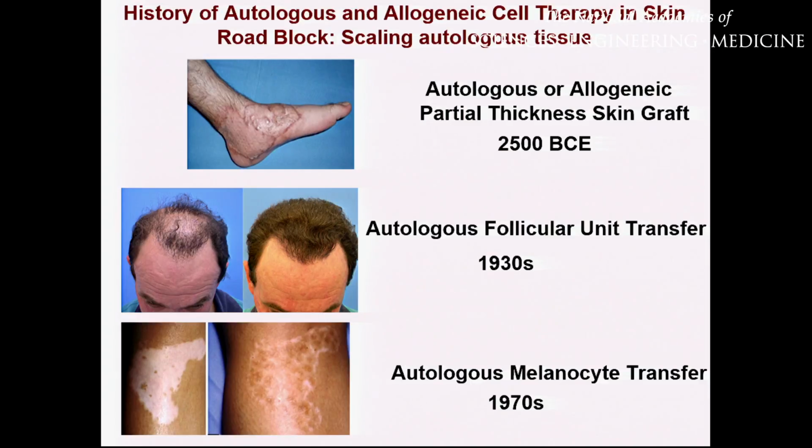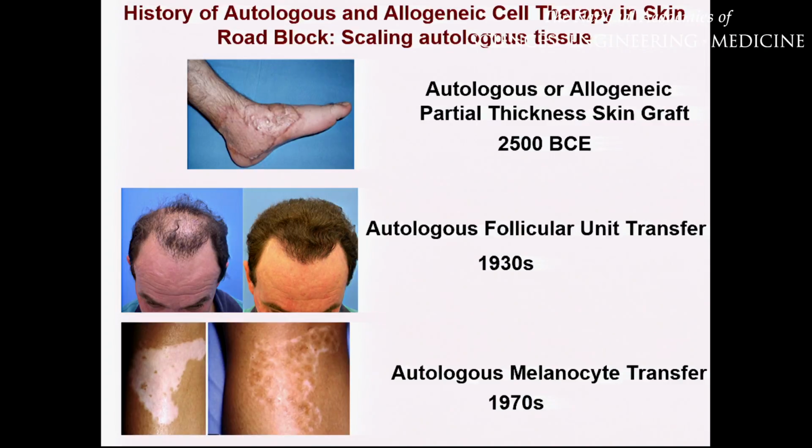Now, the problem here is that, as Lawrence said, an issue we're going to have to address today is scaling autologous tissues. Because if a hair transplant works, but if it's too far gone, you don't have autologous units to graft, you're out of luck.